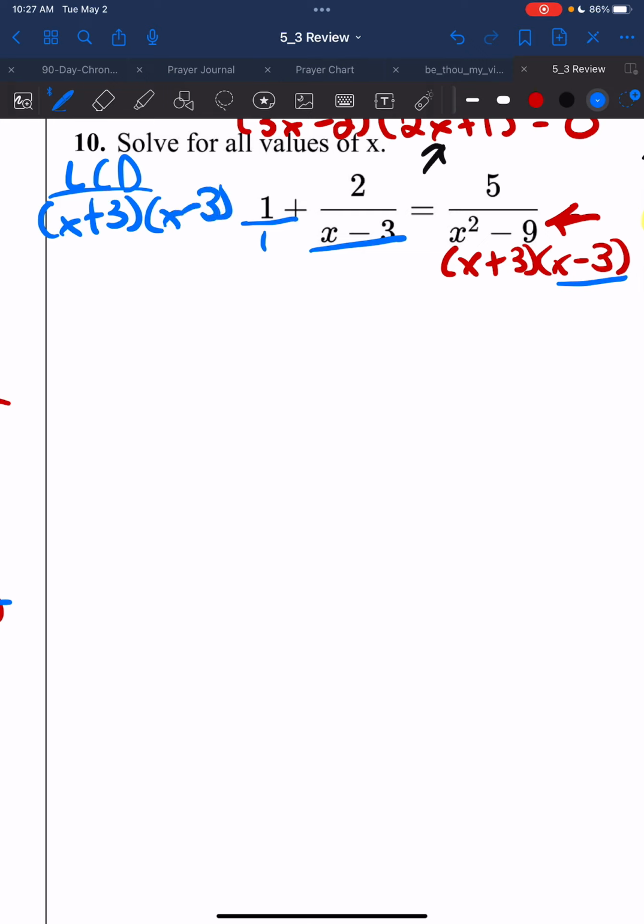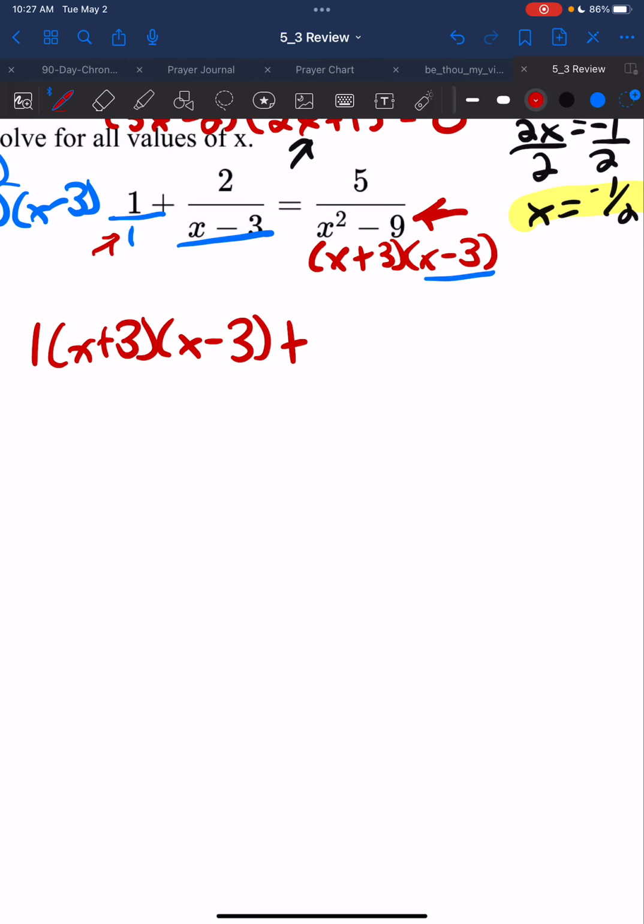So now to write this, what's this guy missing? It's missing both. So I've got 1 times x plus 3, x minus 3, plus this guy right here that I just pointed to with my arrow, the 2 on the denominator is missing x plus 3, so we're going to have 2 times x plus 3.